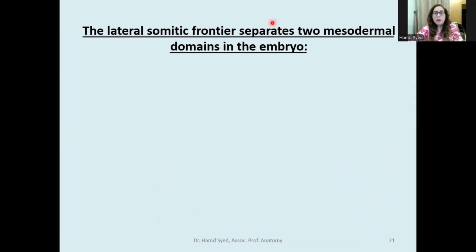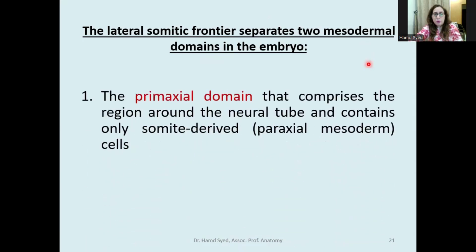But the lateral somatic frontier, which I just showed you as that green line, separates two mesodermal domains in the embryo. The first is the primaxial domain. The primaxial group of muscle precursor cells includes those muscle precursor cells which are present in the region around the neural tube. So this contains only somite-derived cells, or we could say the paraxial mesoderm-derived cells.